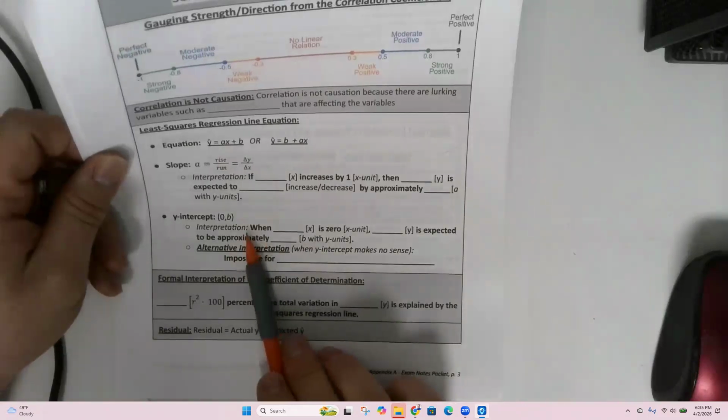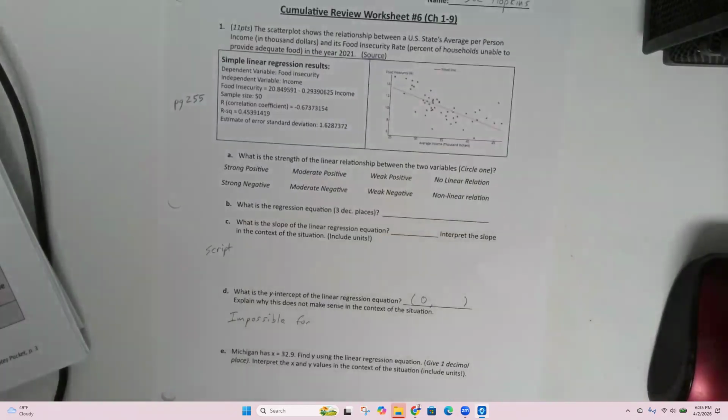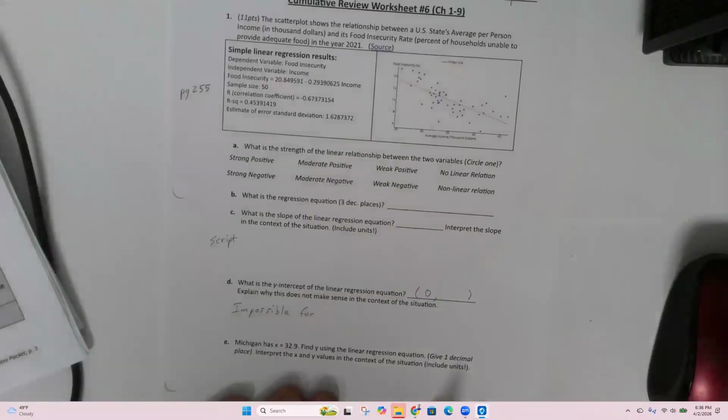Most of the time, though, the y-intercept makes no sense. So your script is impossible for blah, blah, blah, right? And usually the reason why it's impossible is because x is 0 and x can't be 0. So anyway, that's 591.